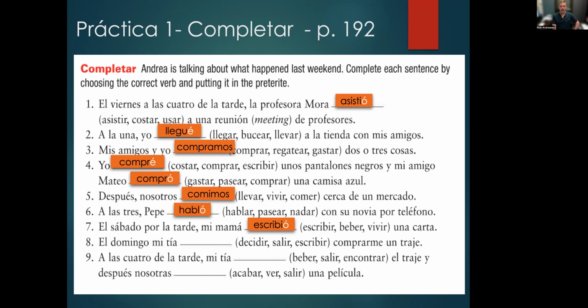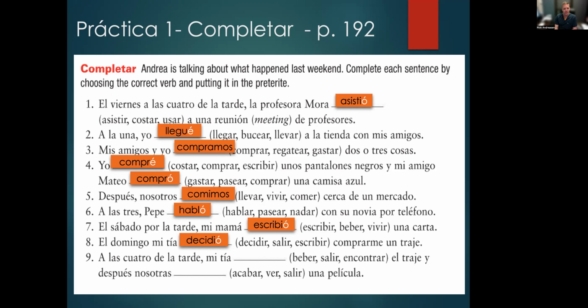Escribió una carta. Número 8, el domingo, mi tía decidió comprar un traje. She decided to buy me a suit. And there, again, another great example of that second verb staying in the infinitive form, comprarme, with that indirect object being added to the end of the infinitive. All these rules coming together. I love it.